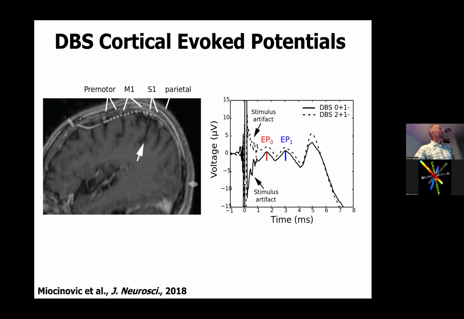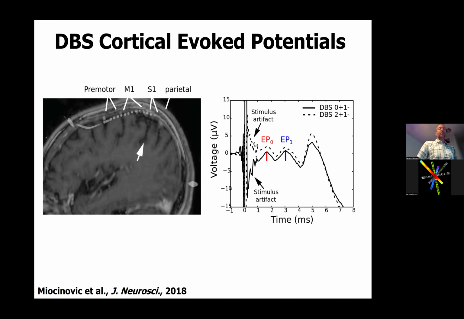You get your stimulus artifact, and then about 2 to 3 milliseconds after the stimulus, you get evoked potential 0. Then at about 3 or 4 milliseconds, you get evoked potential 1, and then at about 5 milliseconds, you get this next one, right? So you've got very robust, reproducible electrophysiological signals tagged to your stimulus.